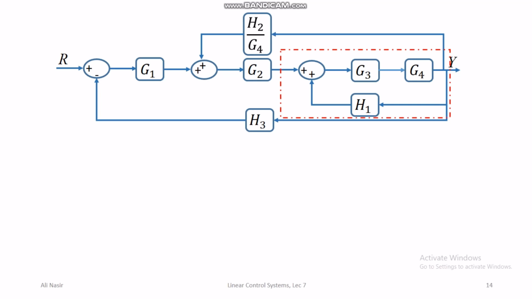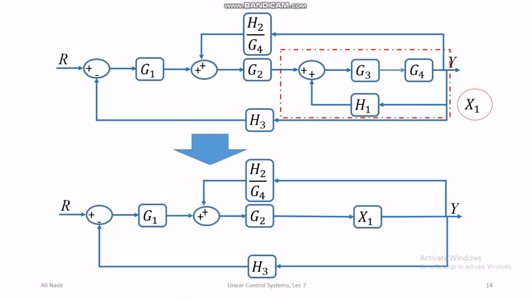G3, G4, H1. So we can call this loop X1 and find the transfer function of X1 using our previously developed formula, which was direct path divided by 1 minus loop gain. If we do that, the block diagram simplifies into something that is shown at the bottom of the screen.